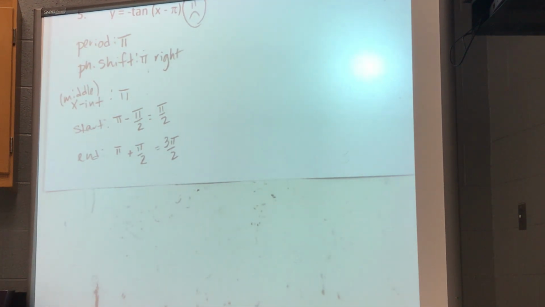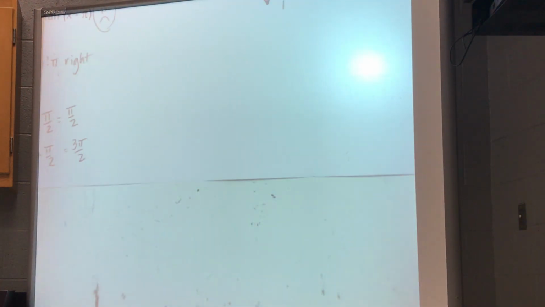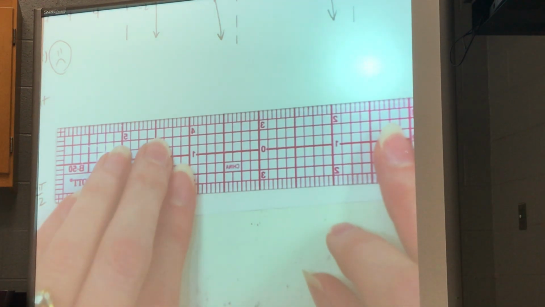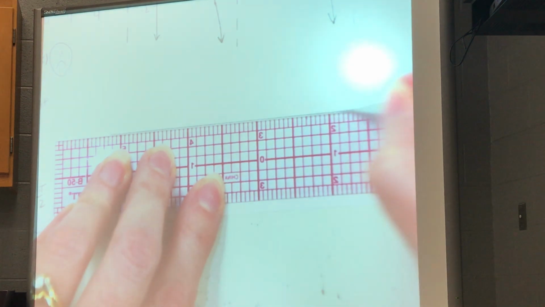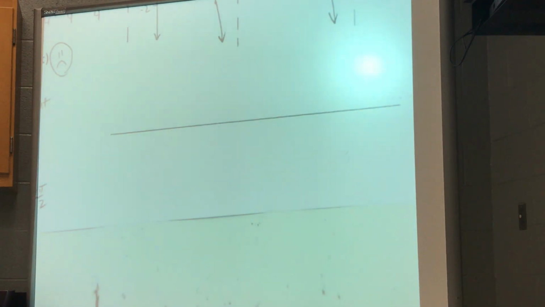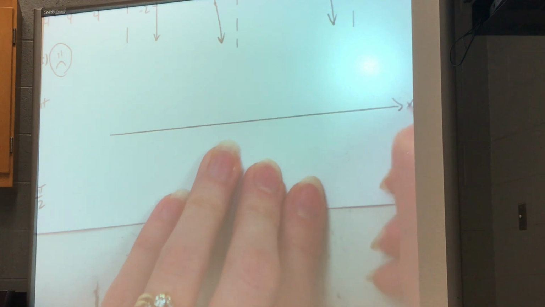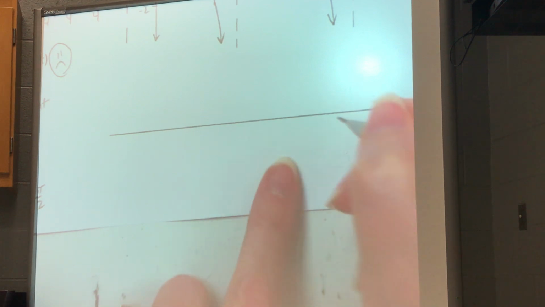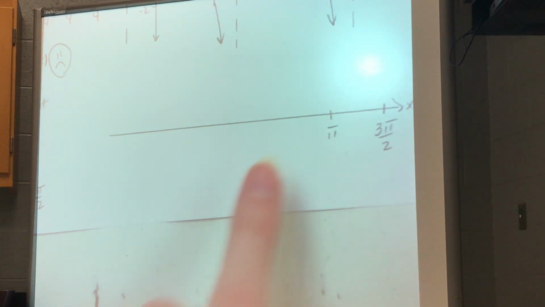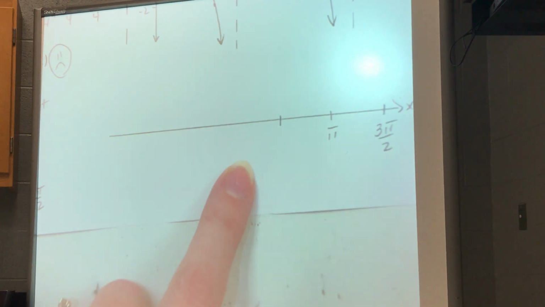Now I'm just going to make a decision. Because these are on the right side, this time when I do my first period, I'm going to have it be a right-end period. And then when we find the second one, we're going to find the one to the left, just because I want the y-axis to be in our graph. It's not a super big deal. If you do one on the right, you would just have to add the y-axis somewhere on the page. So I'm going to have this side over here be 3 pi over 2, the middle be pi, and then the left side, what is it?